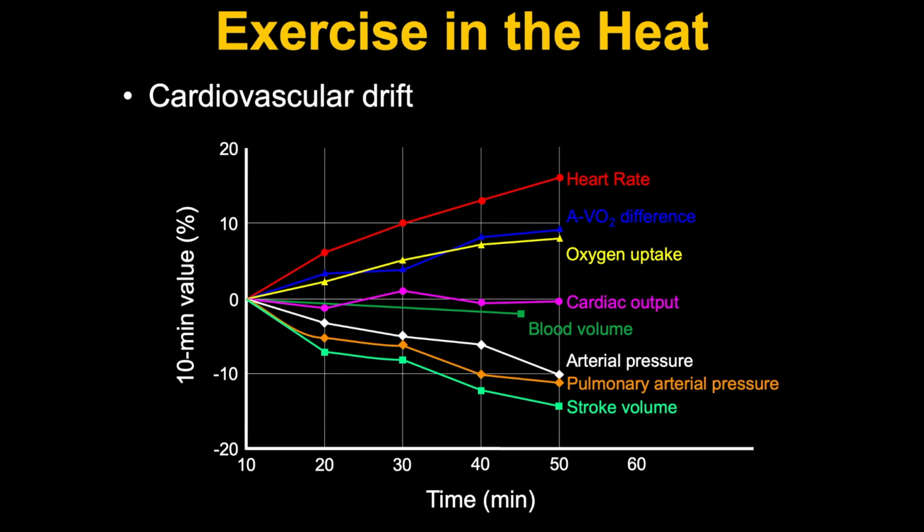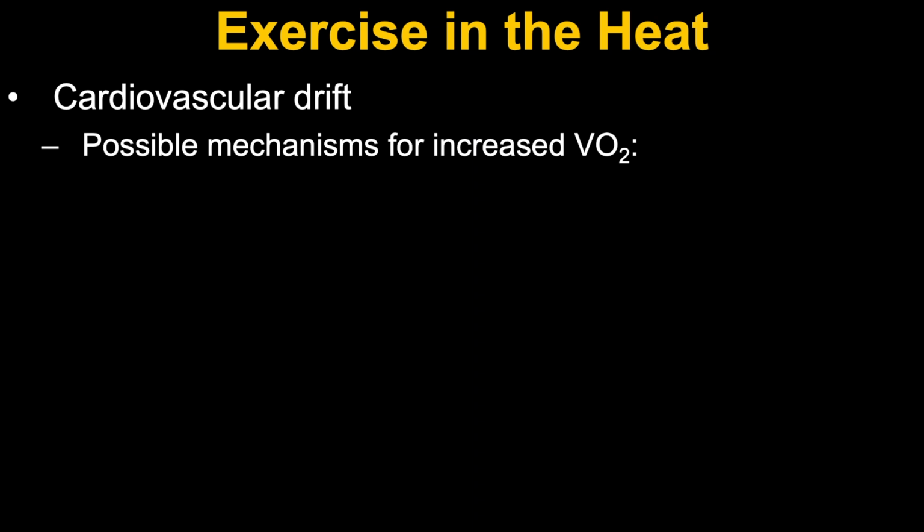It's important to note that skin blood flow probably is increased during this model, even though there is no transfer of heat from the environment to the human body in this particular study. That increase in skin blood flow is probably coming from vasoconstriction of non-essential areas, as we've talked about in the past. So the increase in oxygen consumption is coming from several different areas.